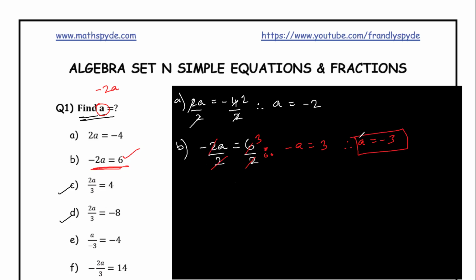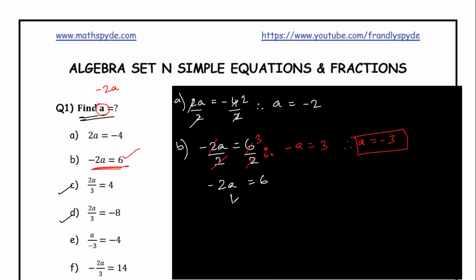Now, ask yourself this question: if -2A is 6, you can make it a puzzle kind of thing.